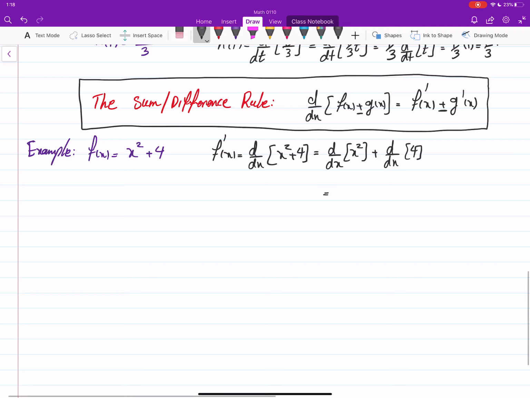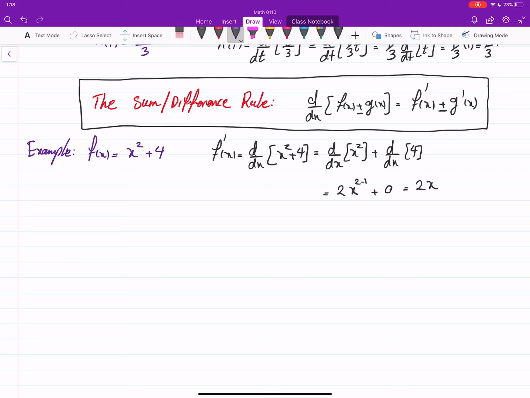The first one is the power rule, 2 x to the power 2 minus 1. The second one is the constant rule. The derivative of every constant is 0. So you get 2 x to the power 2 minus 1, which is x to the power 1, which I can write just 2x.